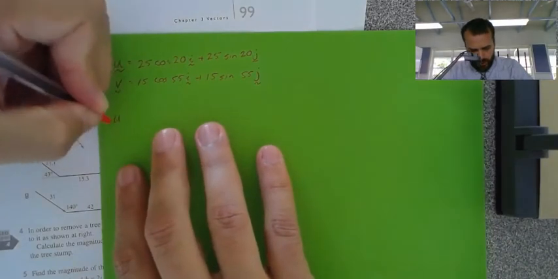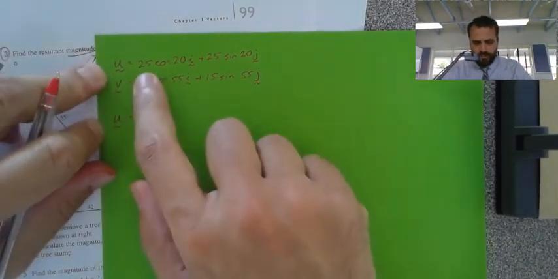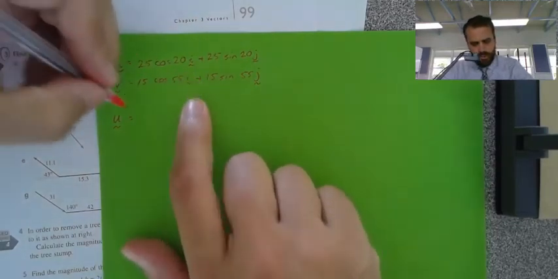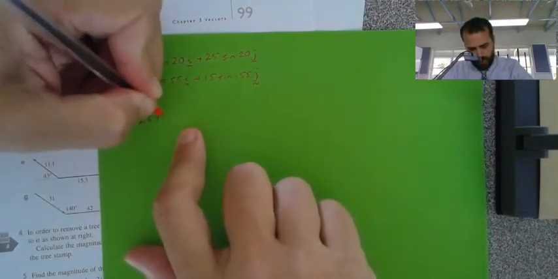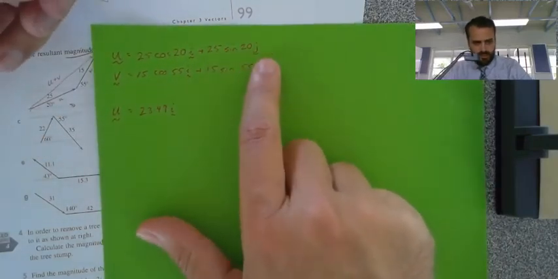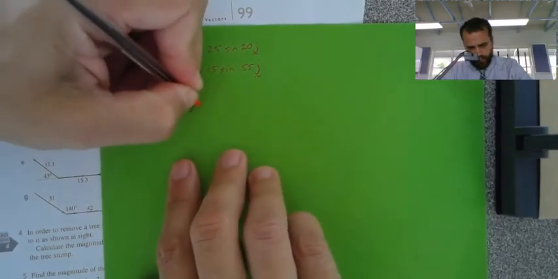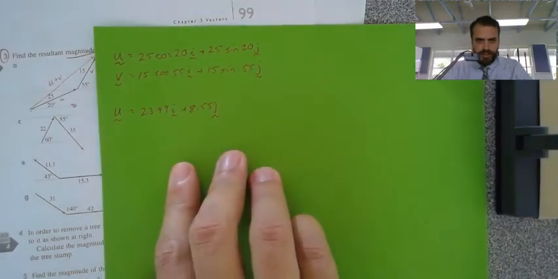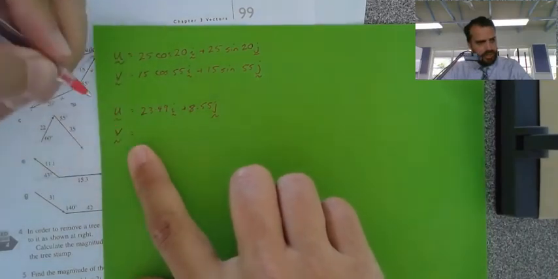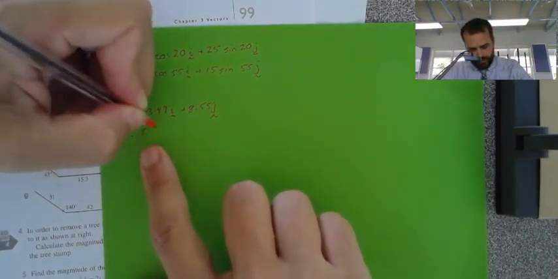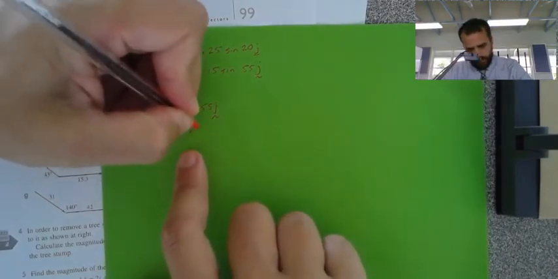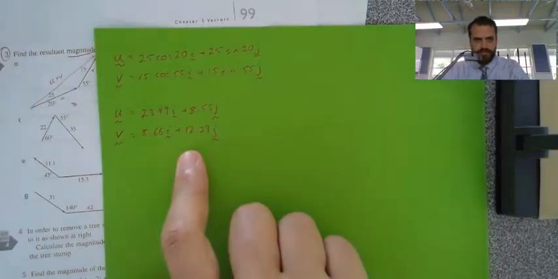Now u, if I type 25 cos 20 i into my calculator, I'll end up with 23.49 i. And if I type 25 sine 20 into my calculator, I'll end up with 8.55 j. So there's u, and v, I'll have 8.66 i plus 12.29 j.